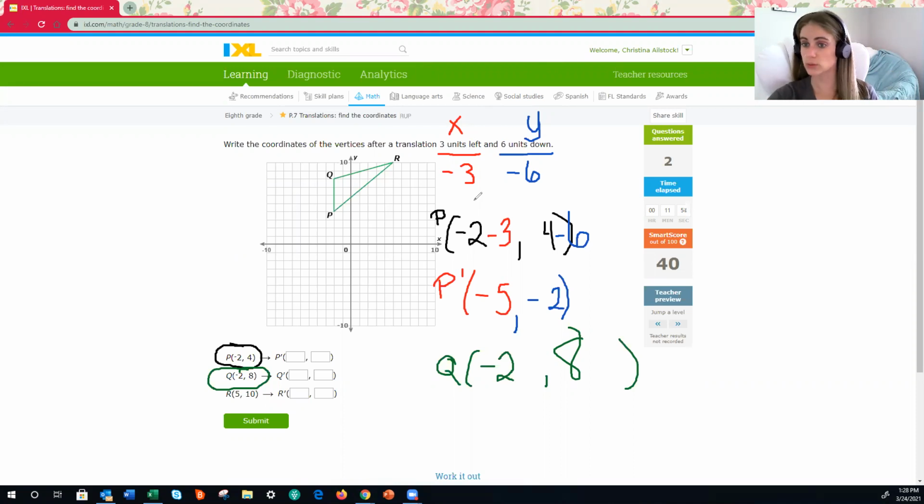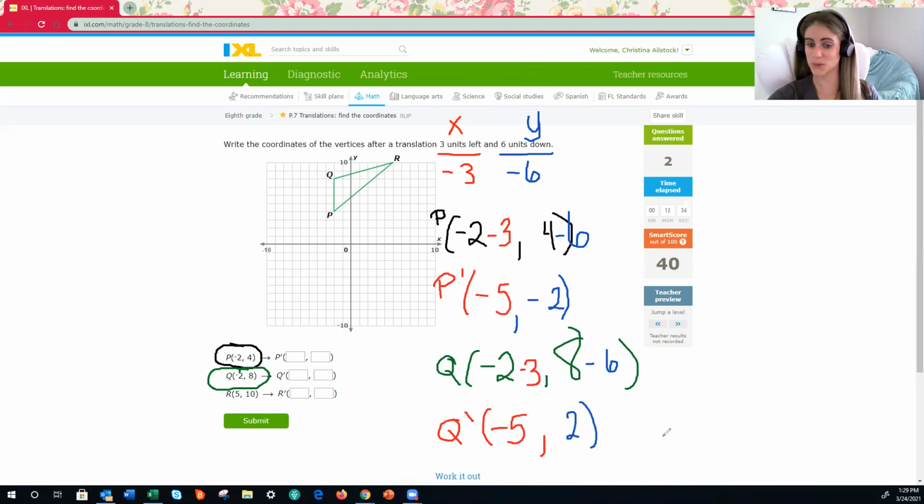From our X value, we are subtracting 3. -2 minus 3, the signs are the same, so we add them and keep the sign. 2 plus 3 is 5. They were both negative, so it's a -5. Now we need to subtract 6 from our 8. 8 minus 6 is 2. Now we have the coordinates of Q prime.